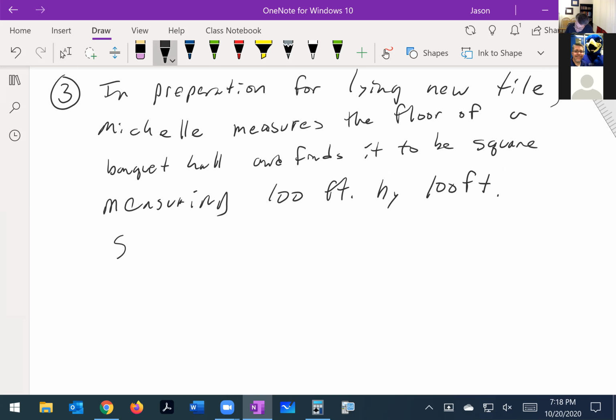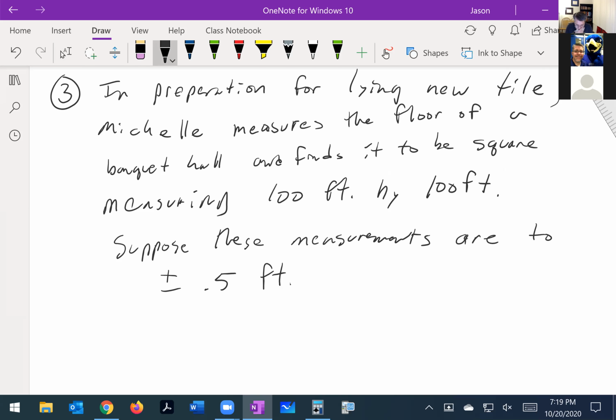Suppose these measurements are accurate to plus or minus 0.5 feet. We call this the tolerance.